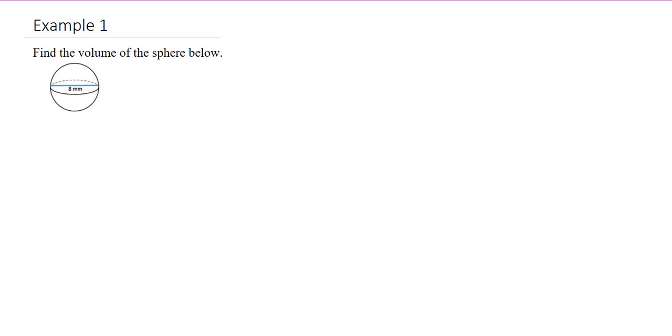Example 1. Find the volume of the sphere below. So if this is our center right here, we are given the diameter, which is 8 millimeters. Our formula is in radius, not in the diameter.